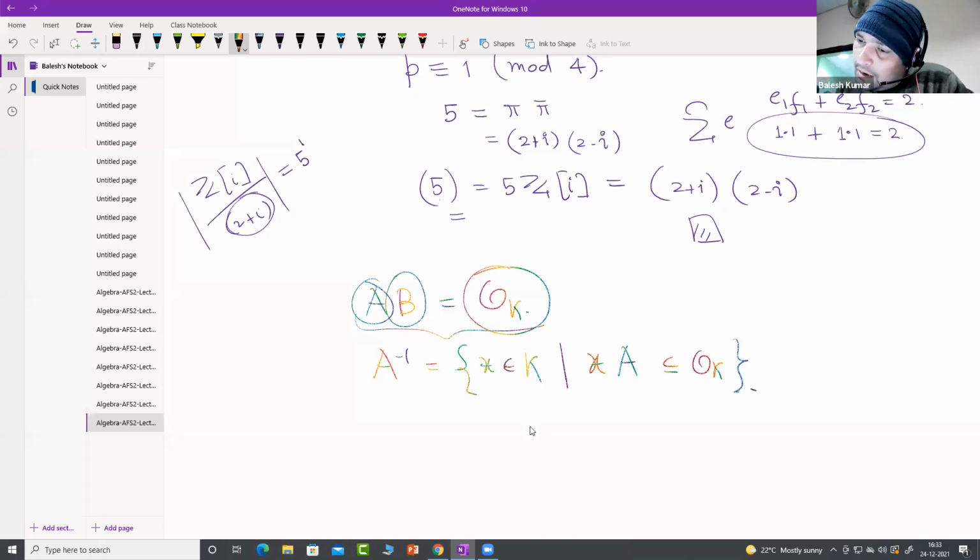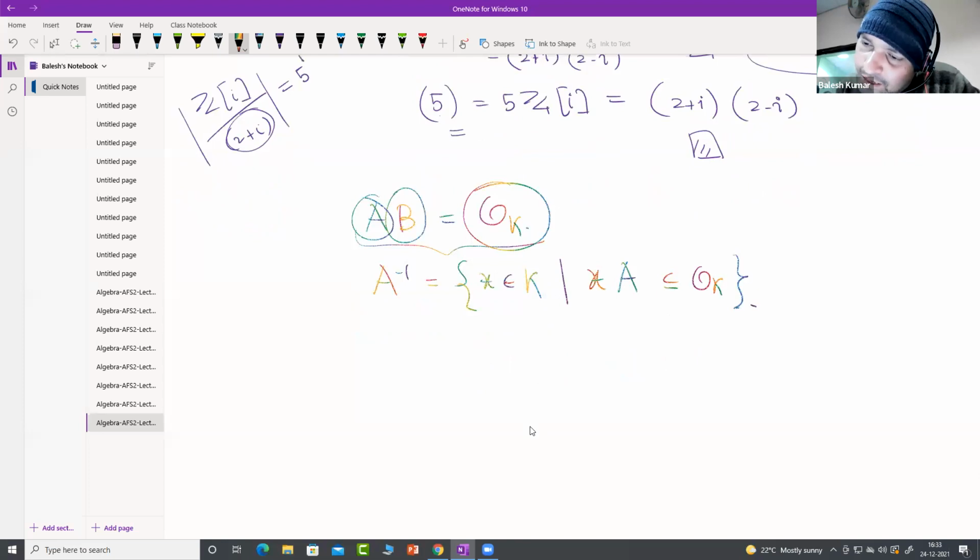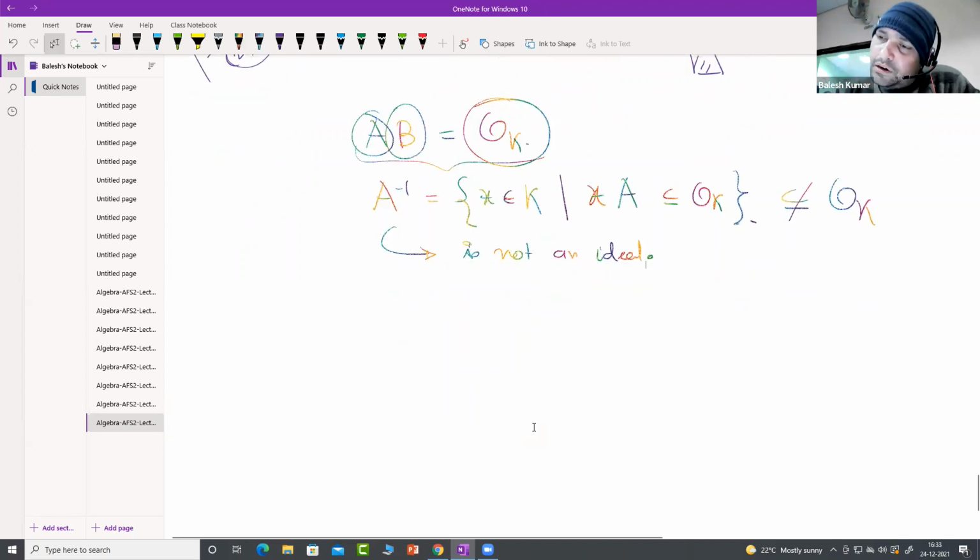In fact, it can be checked that this is not an ideal. It turns out that this cannot be contained inside OK, so it will be outside of OK, and it is not an ideal, but it is essentially an ideal. What I mean to say is that A inverse in fact is not an ideal, but it is a fractional ideal.